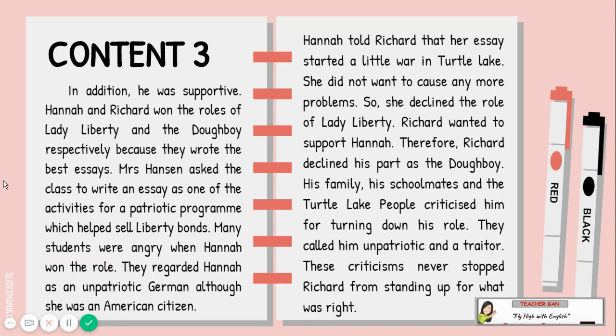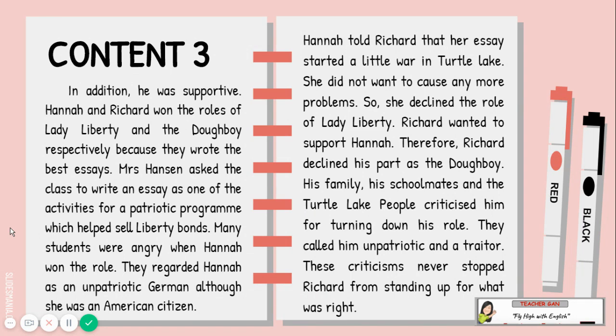Mrs. Hanson asked the class to write an essay as one of the activities for a patriotic program which helped sell Liberty bonds. Because you must remember, they are trying to help fund or support the Americans in the war. Many students were angry when Hannah won the role. They regarded Hannah as an unpatriotic German, although she was an American citizen.